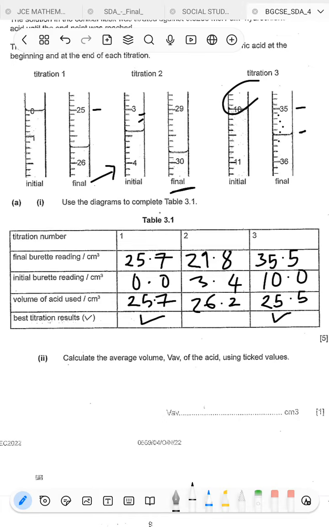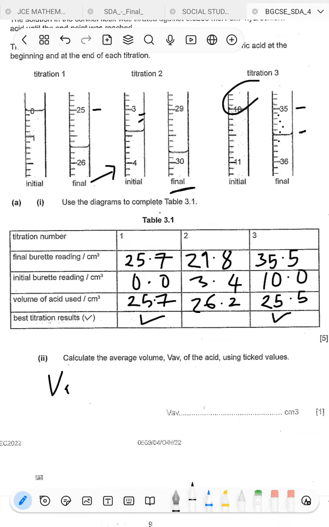So let's continue. We're done with our table. We can continue with the next question. Roman figure 2 says calculate the average volume of the acid using ticked values. So we're going to only take the ticked values.